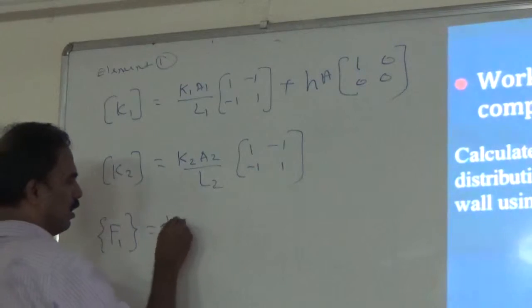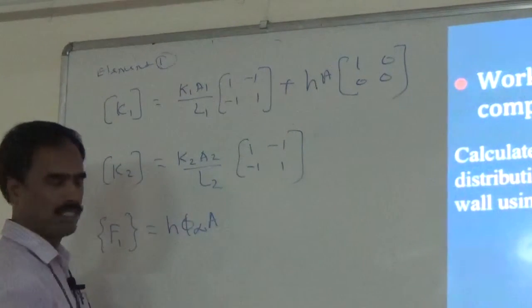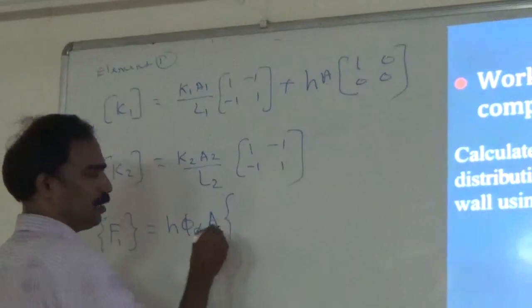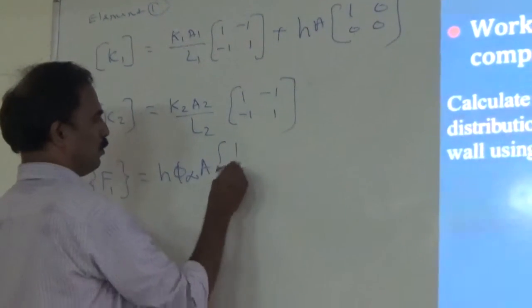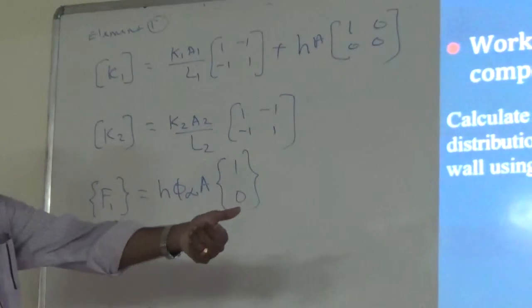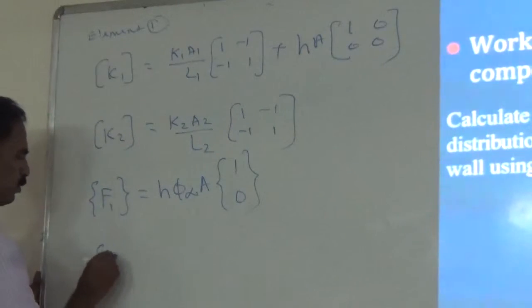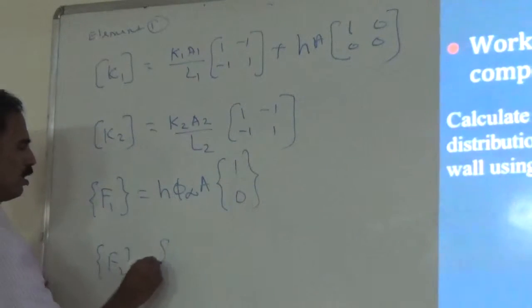This is h T infinity times the area, for node 1, giving [1, 0]. End convection, element number 2: no convection, so the load vector is [0, 0].